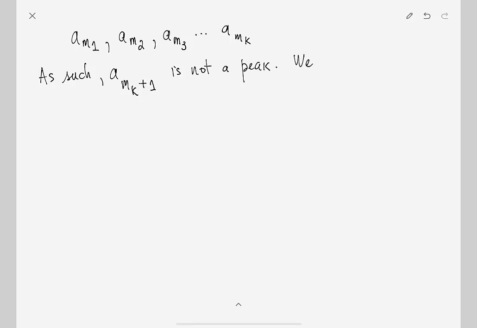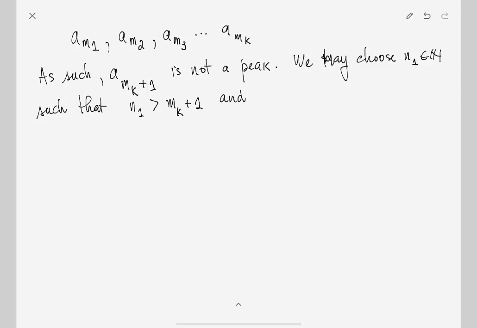So we may choose some natural number n1 such that n1 is greater than mk plus 1, and on top of that, a sub mk plus 1 is strictly less than a sub n1.